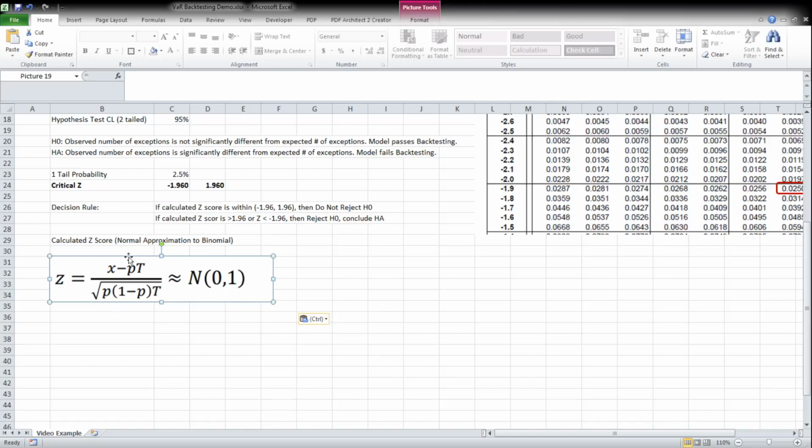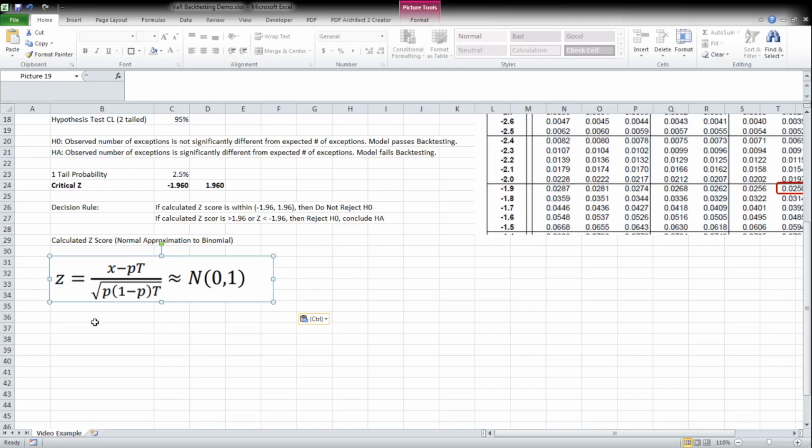So let's define what x, p, and T are. x is the actual number of exceptions. p is the probability of our success rate, meaning the probability of observing an exception if the model was true. And T is the number of trading days in our time period.